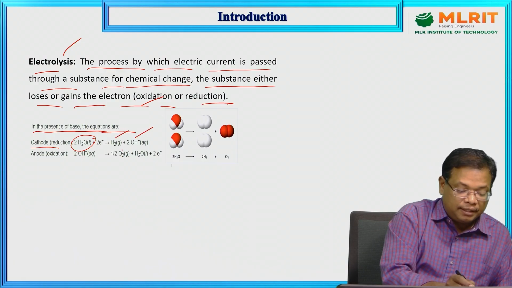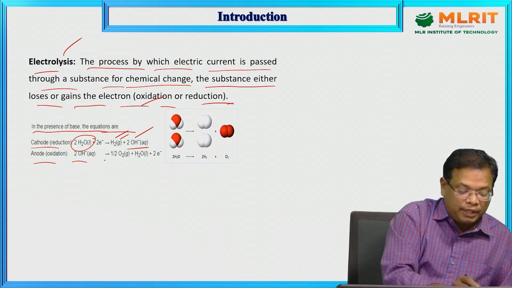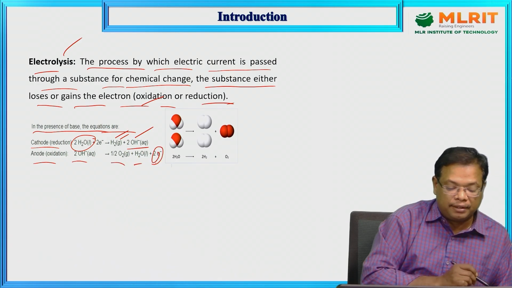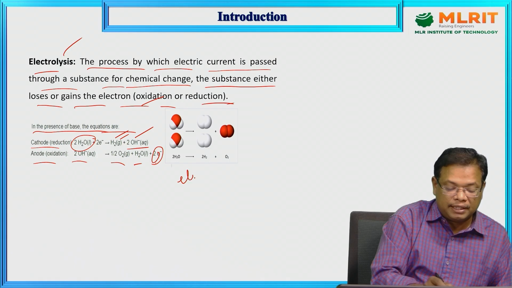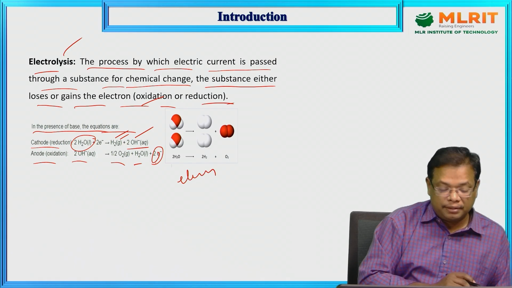It is ionized, separated into H2 and 2OH minus ions. Anode, 2OH minus ions give rise to half O2 plus H2O liquid and 2 electrons. So this is the electrolysis process. One substance is divided into H2 and O2.